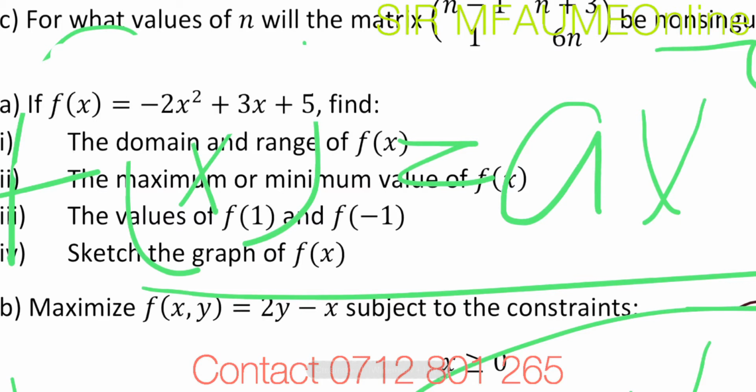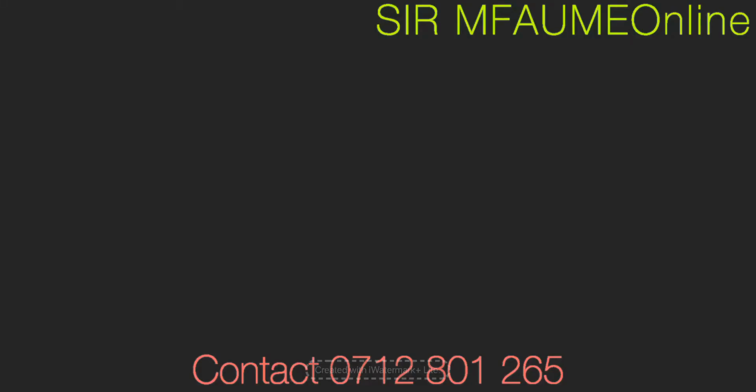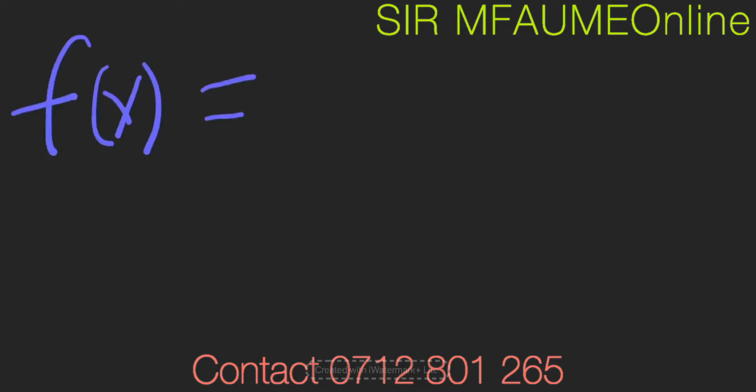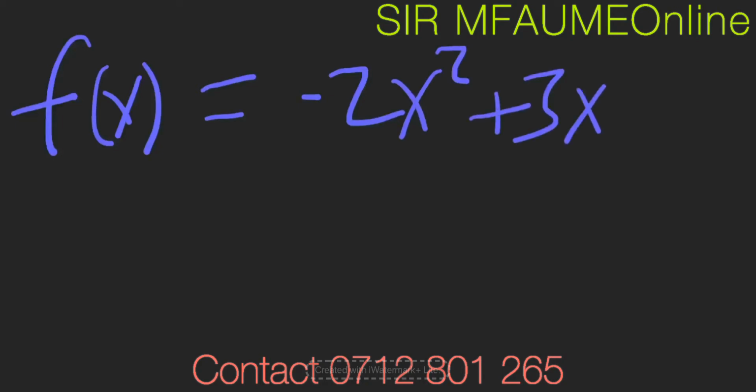So now this question will be solved like this. It is given f of x is equal to negative 2x squared plus 3x plus 5. We need to find the domain and the range.